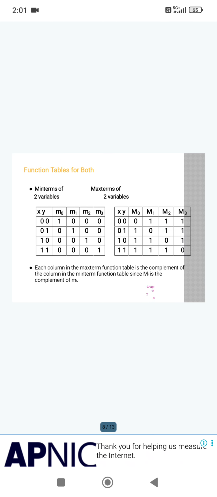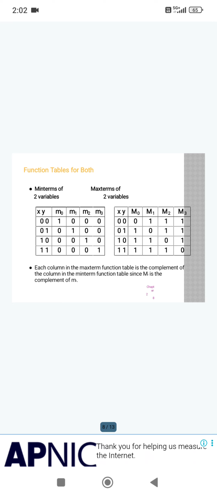Okay, so for both the min term of two variables and the max term of two variables, the variables are x and y. If you are taking two variables, that gives four possibilities: 0 0, 0 1, 1 0, 1 1.